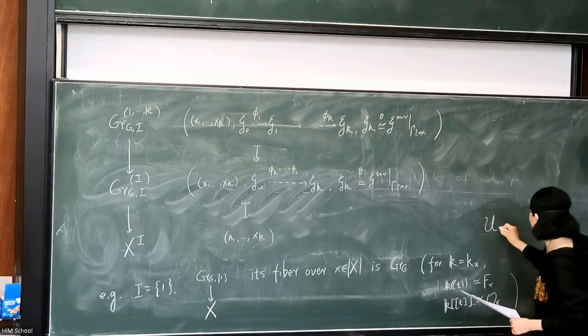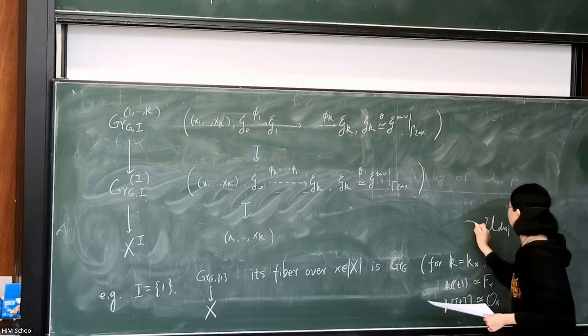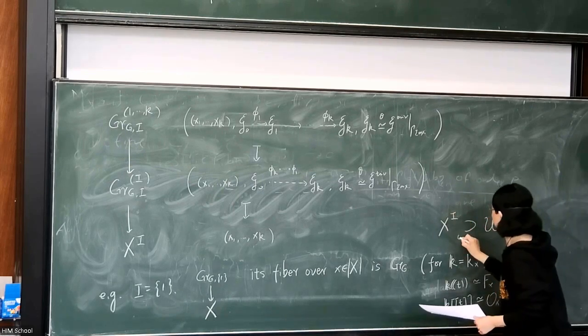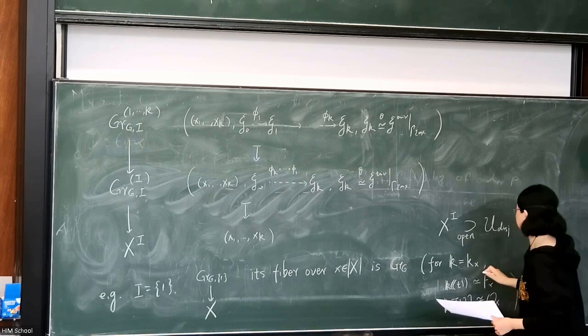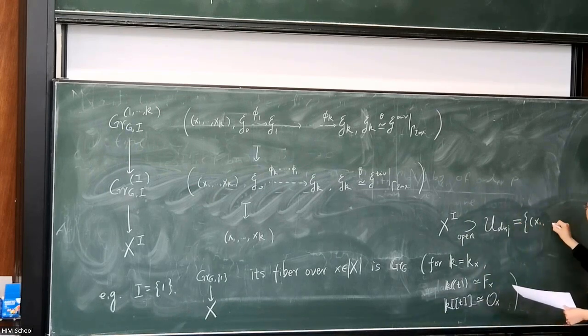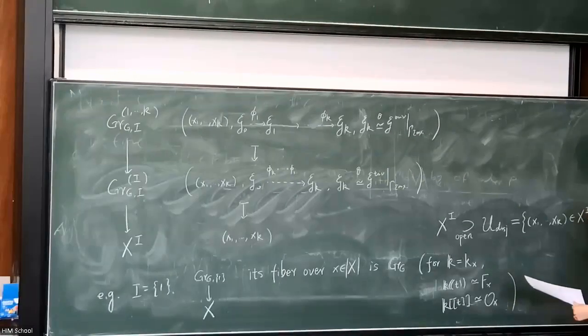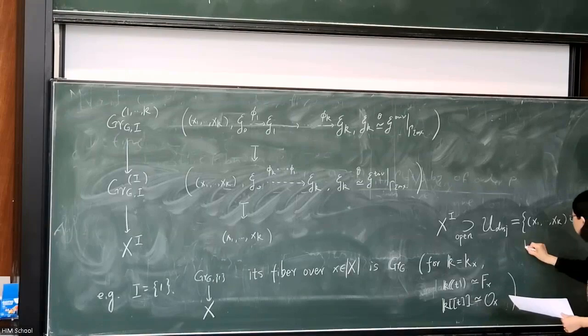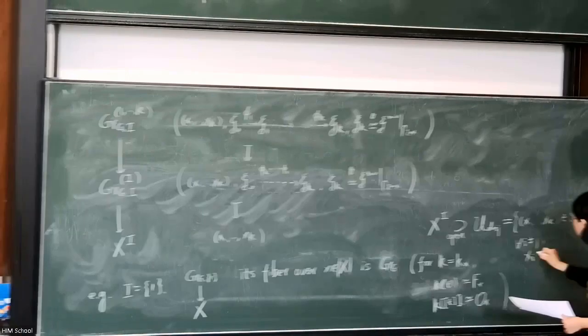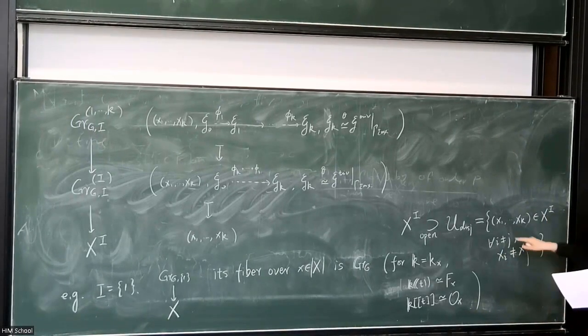So let this be the open in X^I, which is where all the points are different, like we saw yesterday, where all the legs are different.